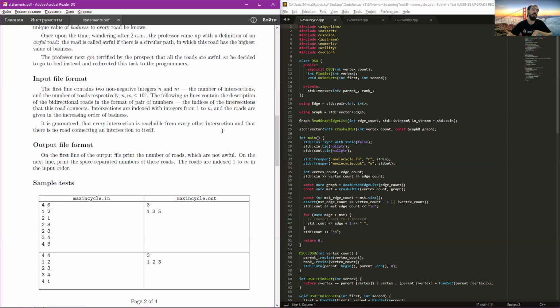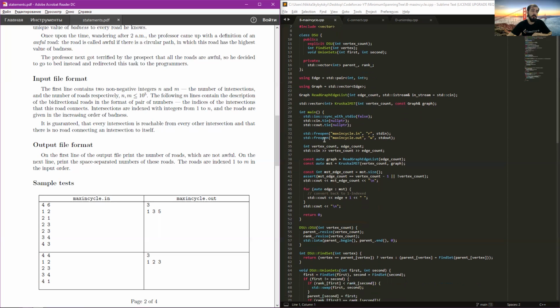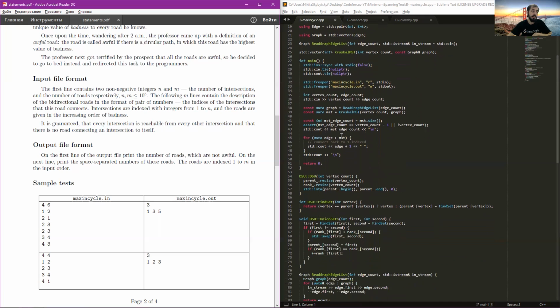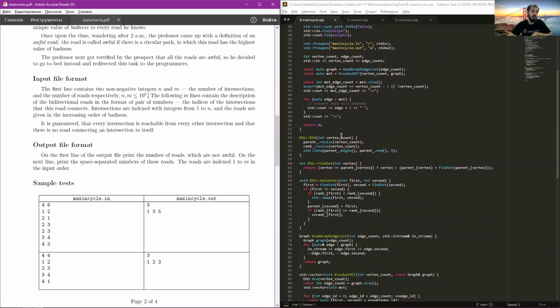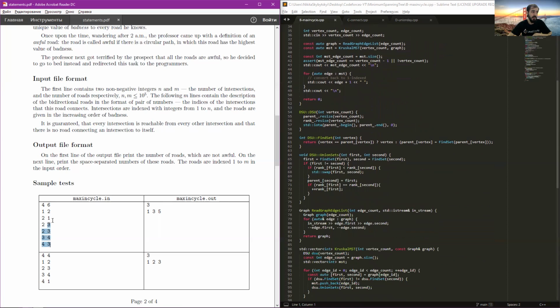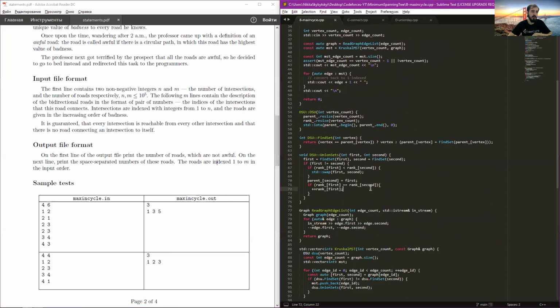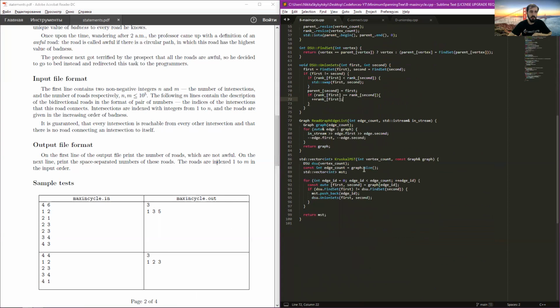So we are again tasked with finding MST. This time around, nothing interesting. We are given edges in increasing order already, but we could sort them anyways because there are not so many of them. But because we are given them in the correct way, we just manually loop over the edges, right?